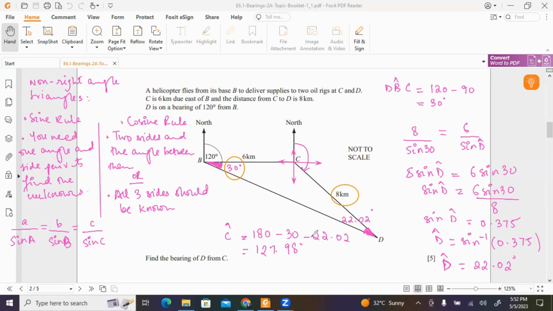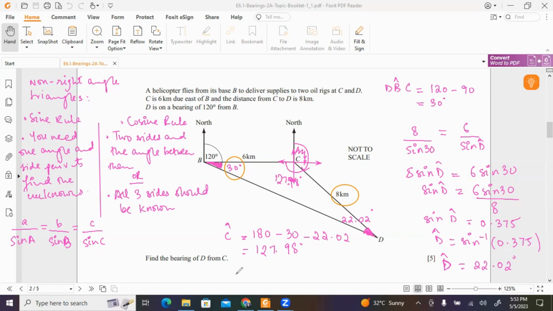Now, the question was asking us to find the bearing of D from C, which is basically this angle. So when we have this angle, which is 127.98, why do we subtract it from 270? Because we're covering 3 quadrants, and 3 quadrants basically equal 270.